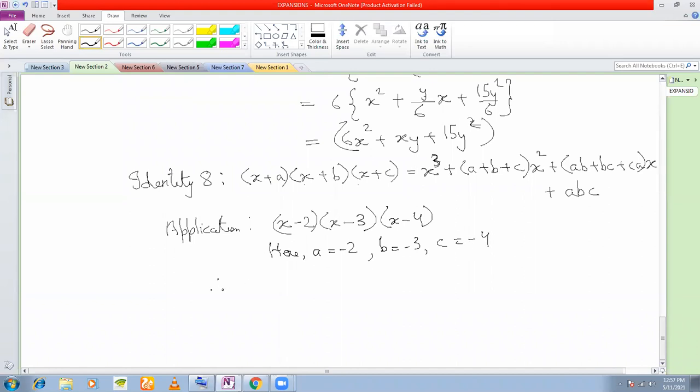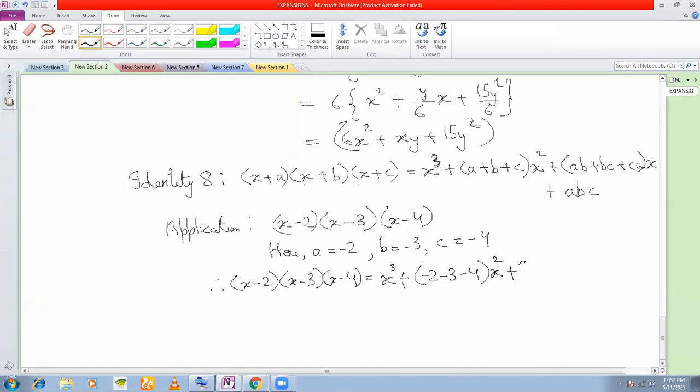So you can write this as x cube plus the sum of a, b and c, so minus 2, minus 3, minus 4. Reduce the power of x by only once, so from x cube, it becomes x square.